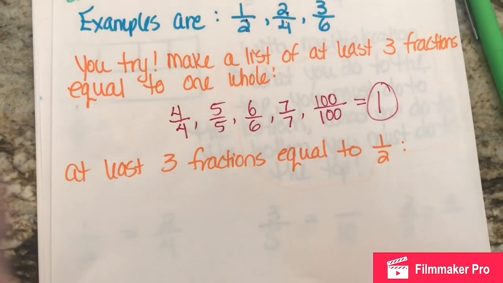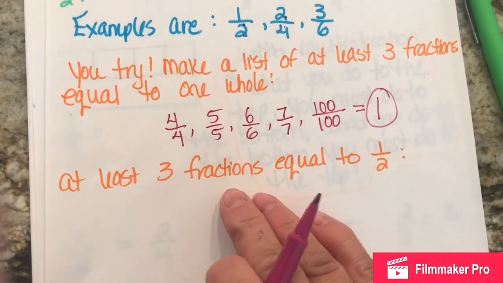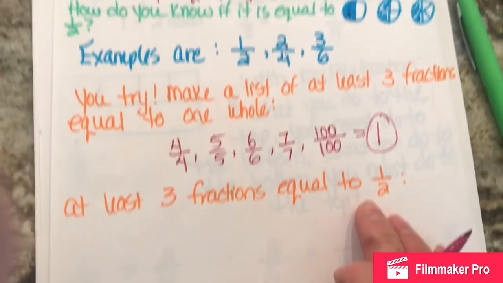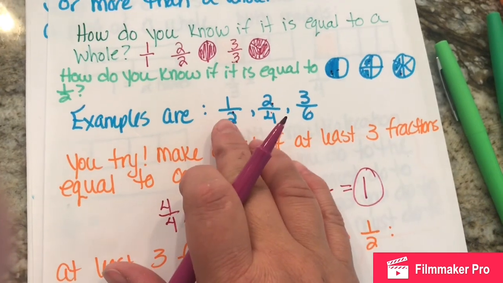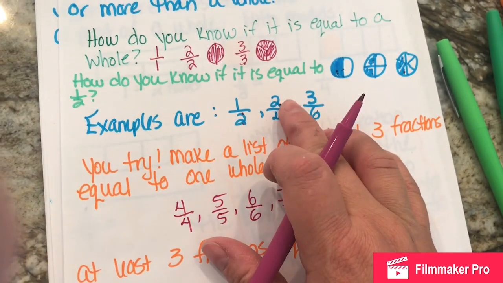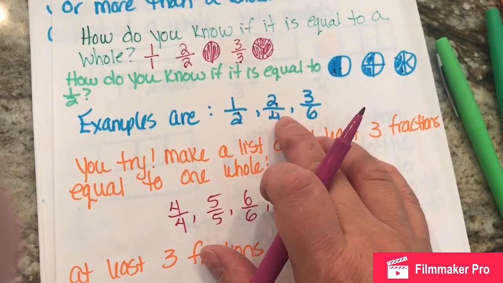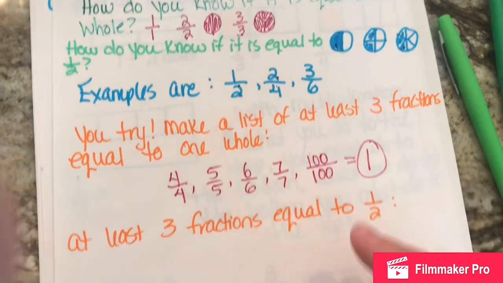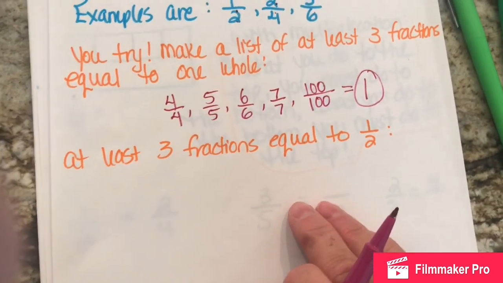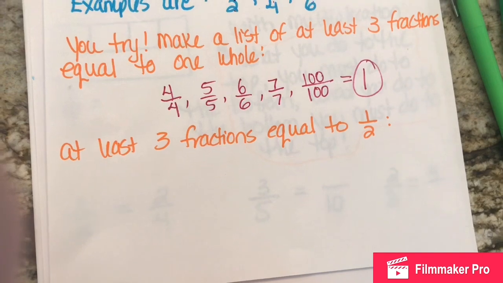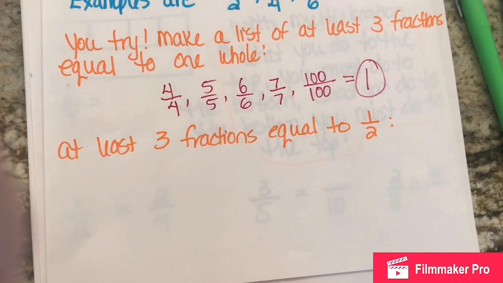Now you're going to try to do at least the 3 fractions that are equal to a 1/2. And you remember that in order to be equal to a half, the numerator has to be half of whatever the denominator is. So you can pause the video if you would like and try to write down at least 3 fractions equal to a half.